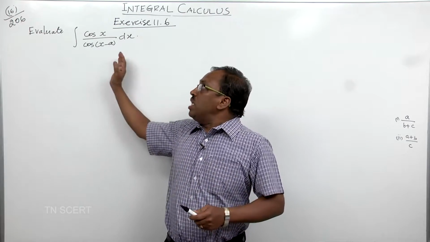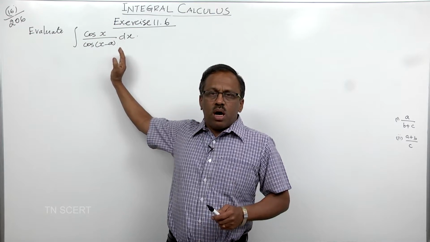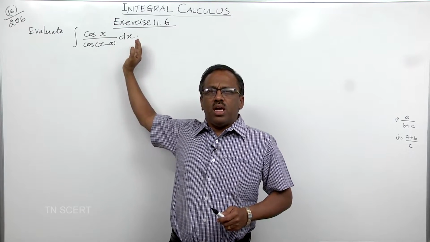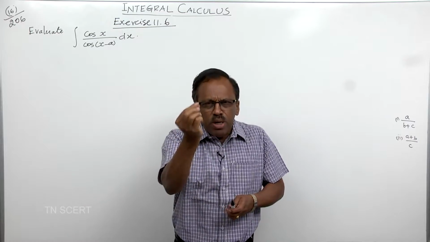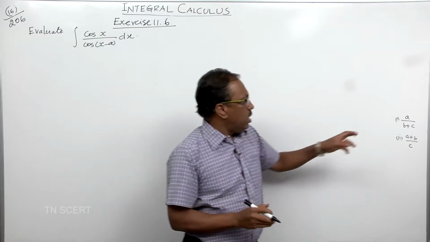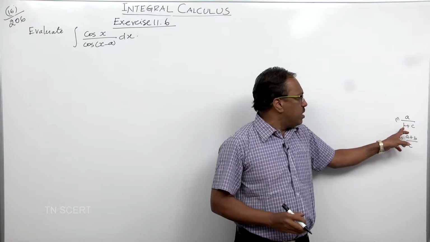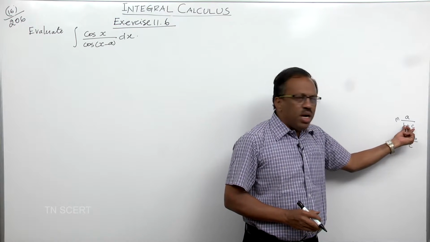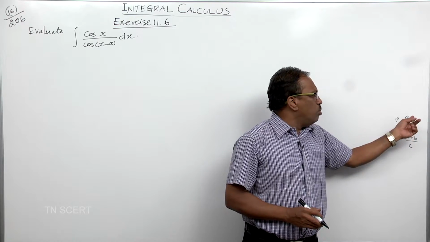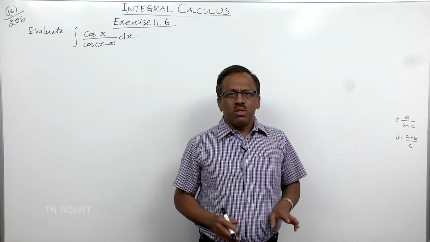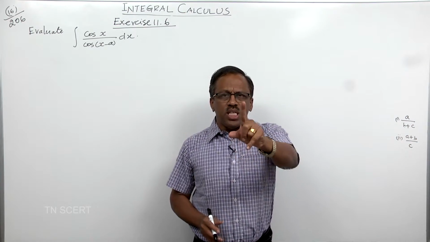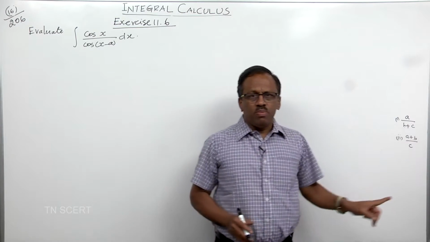But in this problem, cos x by cos of x minus a dx, the simple technique is this: a by b plus c. Remember, a by b plus c. The denominator contains two terms, the numerator contains only one term. Can we split a by b plus c? We can't.